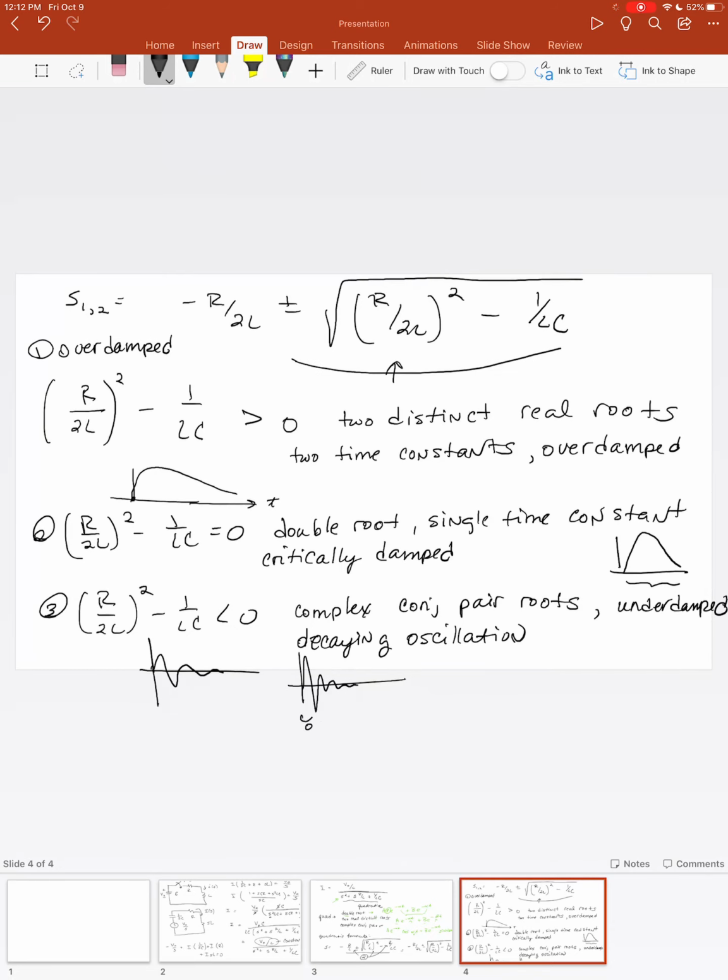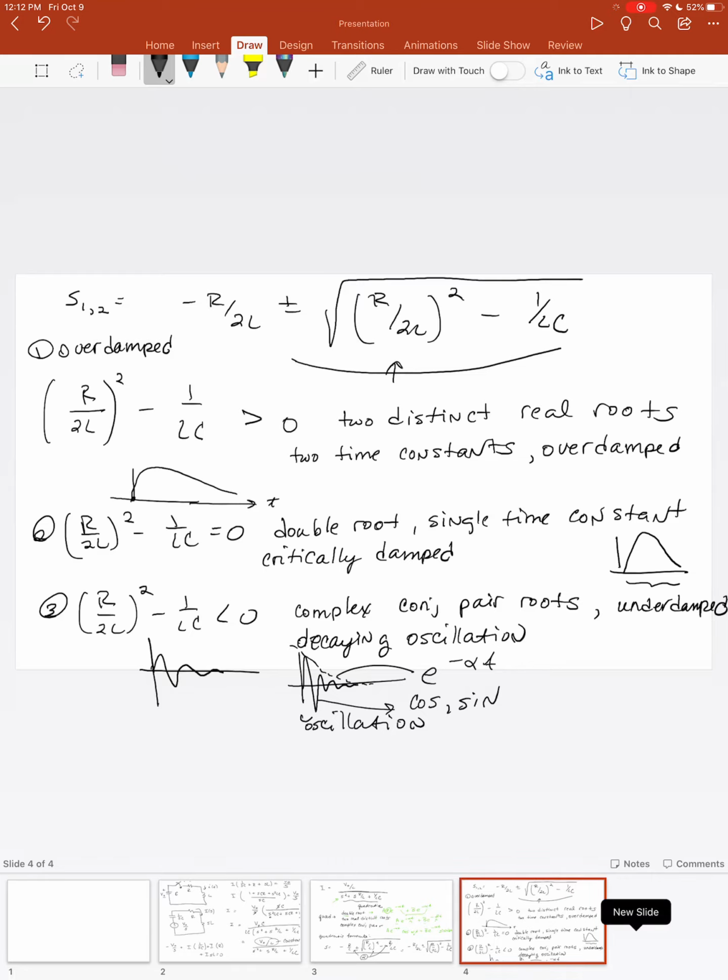But you have this oscillation, and if you visualize an envelope around that, that represents the decay. So this is the e to the minus alpha t part, and this is the cosine or sine part. The point is the RLC circuit can give 3 possibilities.